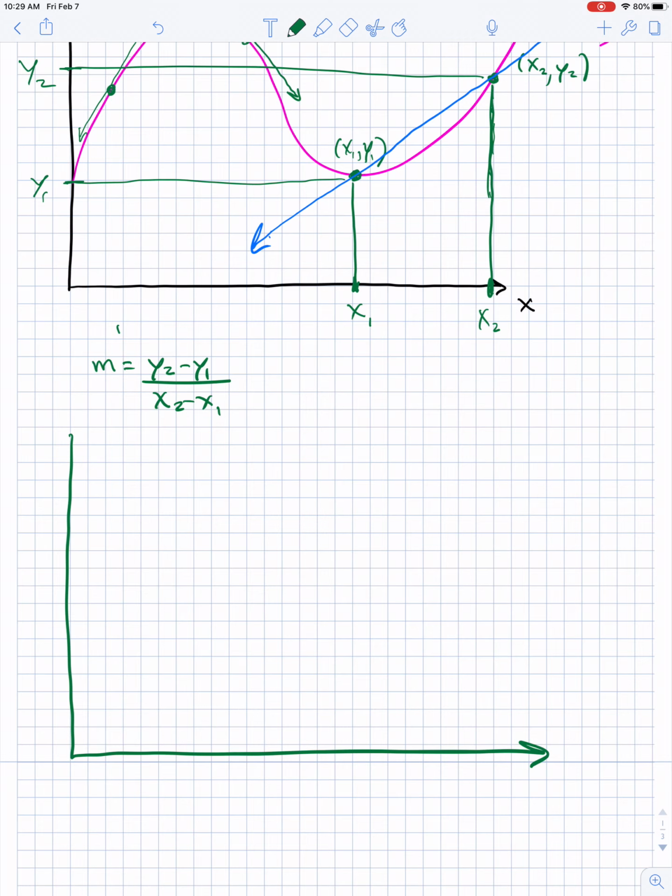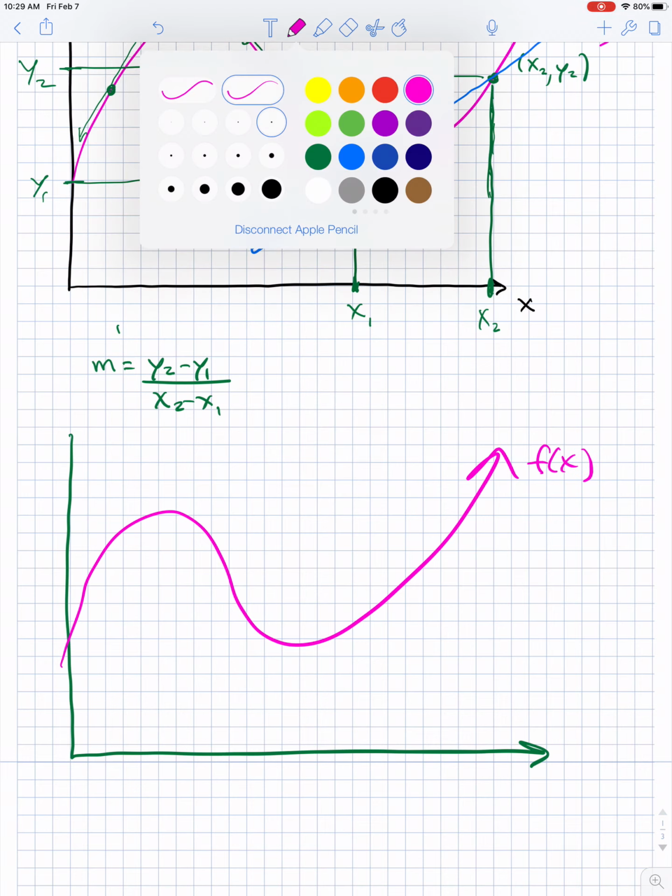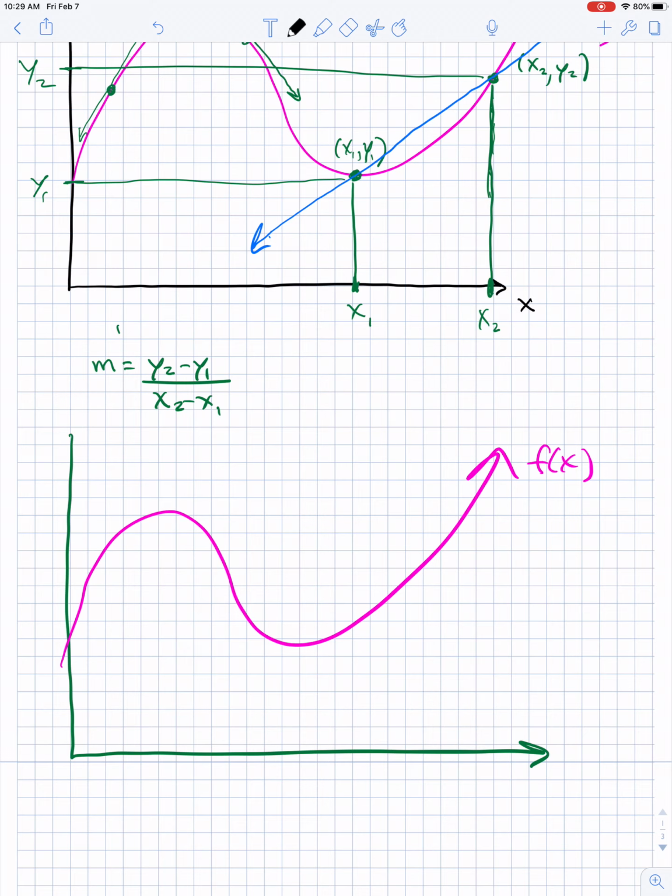So let's draw it again. Same pink function. And let's try to squeeze those points together. I'm going to keep this first one right about where it was, and now I'm going to make the second one really close. Okay?